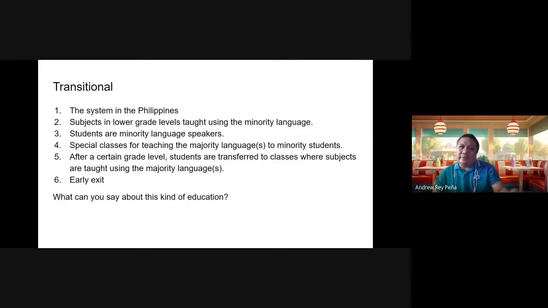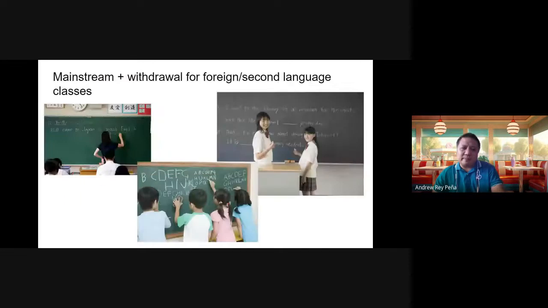So the goal is still for students to become adept in the majority language. So it still doesn't value the minority language that much. Okay, the idea is just to scaffold students, not really valuing minority languages that much.